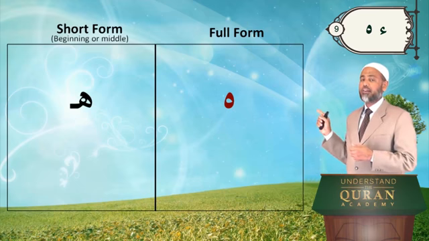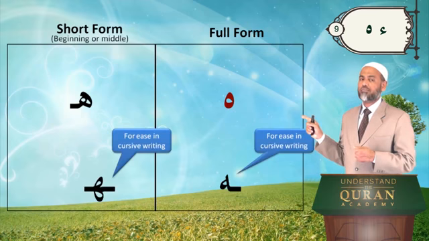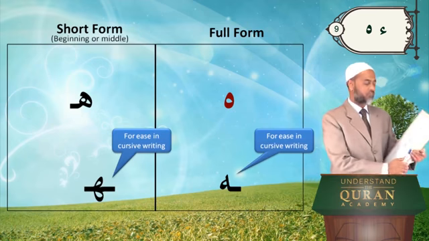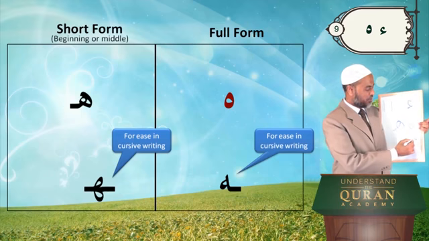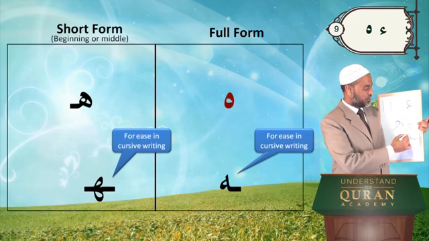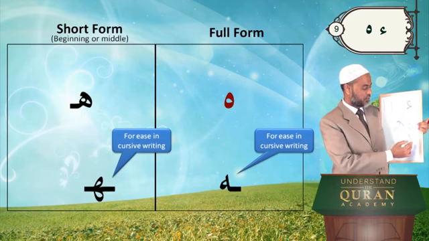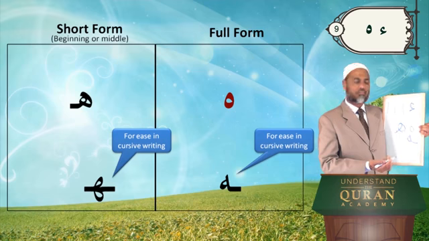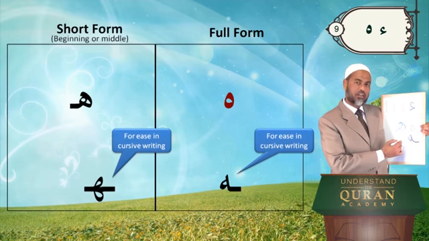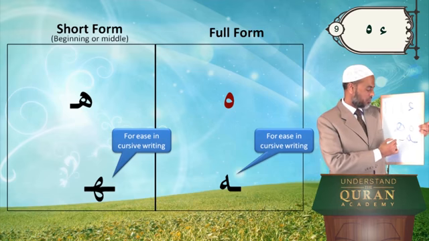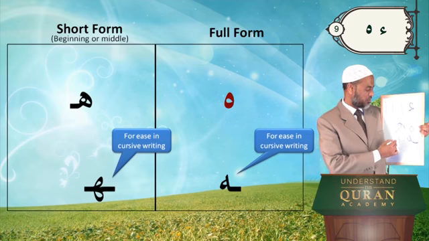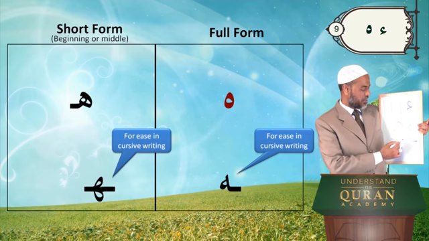Now, the full form can have a connector and the short form can have a connector, as you see there. And here's a little modification. When you have a connector to the full form, instead of drawing another circle here, you just write like that. So it becomes almost like a small triangle, but that's fine. And when you have a connector for the short Ha, you just do like that, just to make life easy, because the connector is coming at this level.